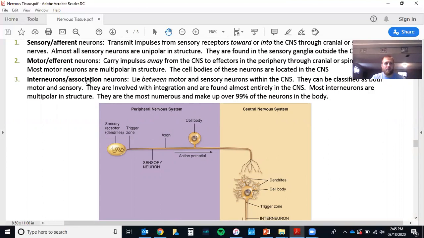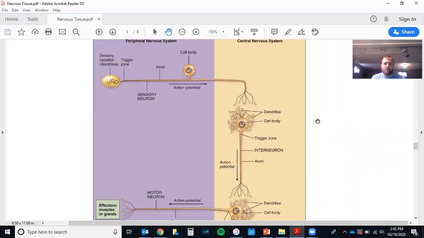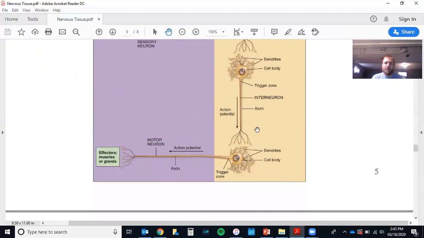Another way to describe these are association neurons, but as I've told you, I like the term interneurons a lot better. Now we can actually classify them as motor or sensory, which relates to which direction they're sending the signals inside the central nervous system, like up the spinal cord or down the spinal cord.